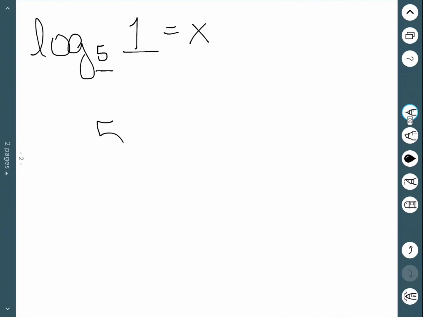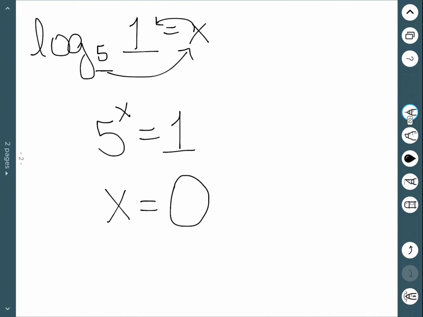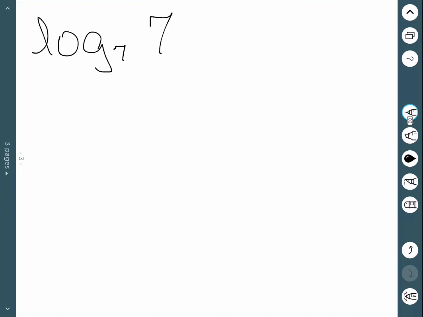So our base is 5 to the x power is equal to 1. So in this case, what is x? 5 to what power is equal to 1? Well, we know that anything to the 0 power is 1, so x would be 0.